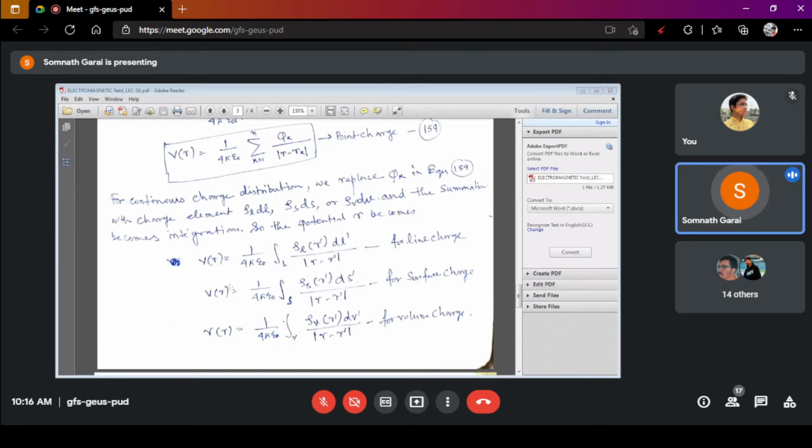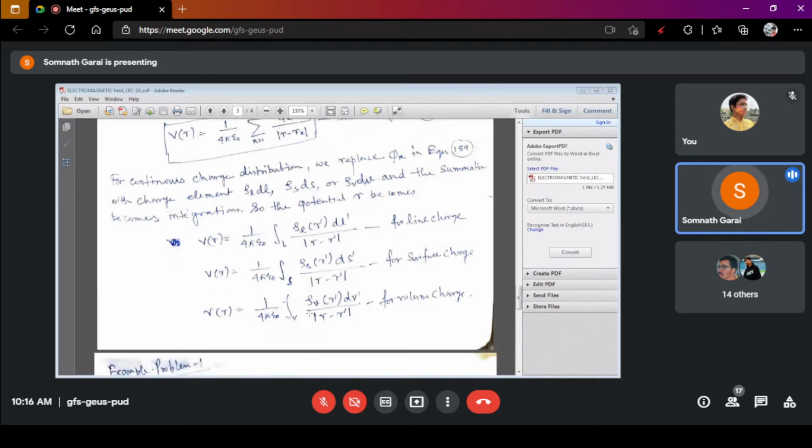For surface charge, V of r equals 1 by 4 pi epsilon naught surface integral of rho_S of r', ds' divided by mod of r minus r'. And for volume charge, it is represented as 1 by 4 pi epsilon naught volume integration of rho_v of r', dv' divided by mod of r minus r'.